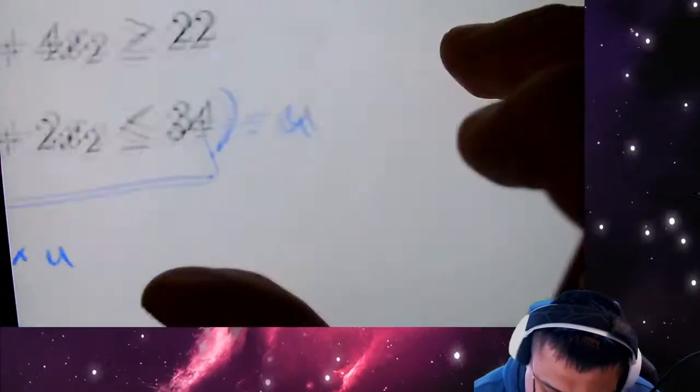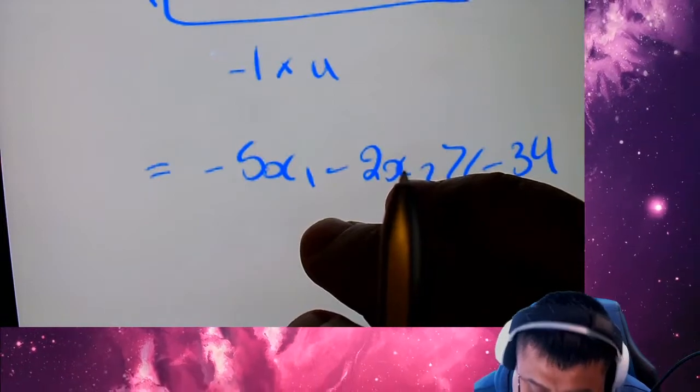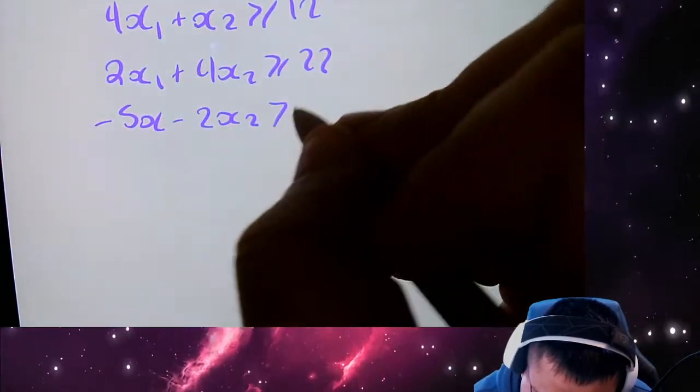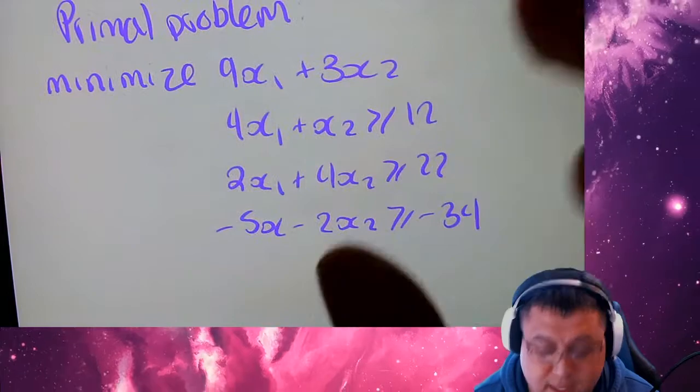Primal: minimize 9x1 plus 3x2, subject to 4x1 greater than 12, 2x1 plus 4x2 greater than 22, and negative 5x1, negative 2x2 greater than 30. Okay, that's our final problem.